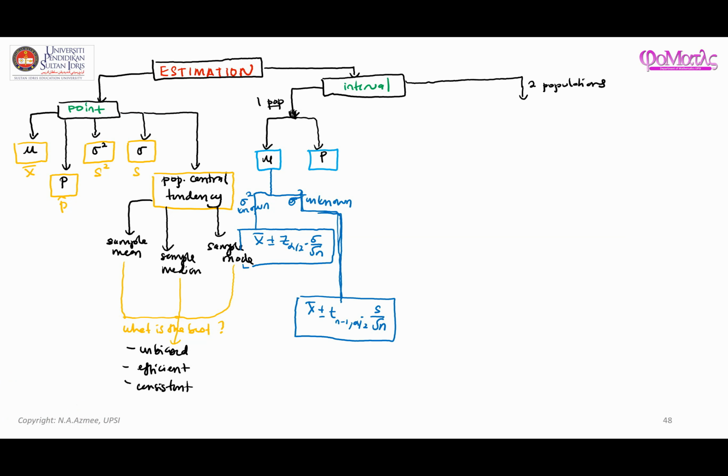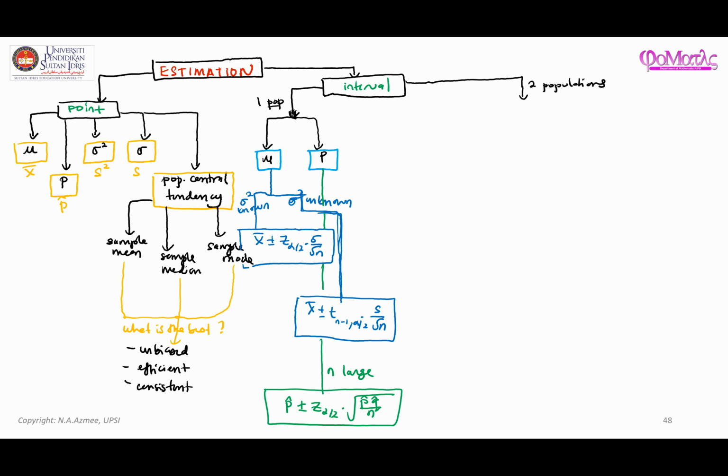In this case, provided that the sample size is large, the confidence interval for the population proportion is given by this formula: p hat plus minus z alpha over 2, square root of p hat q hat over n. So this is the formula for finding the confidence interval for proportion.